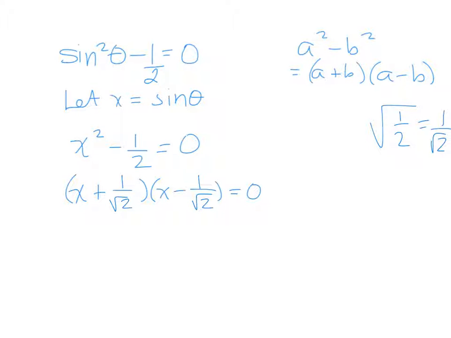Instead of putting it in like this, I'm going to actually take the square root of 1, it's 1, and then take the square root of 2, and just leave it as root 2 because it's irrational. And we'll put a 1 over root 2 in both of those spots. And then I can do x equals -1 over root 2, and x equals 1 over root 2.